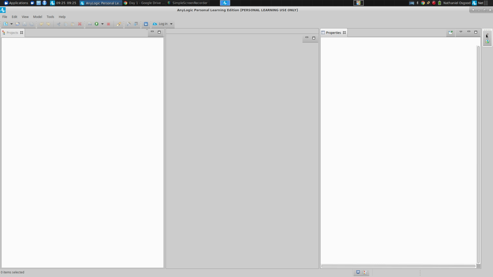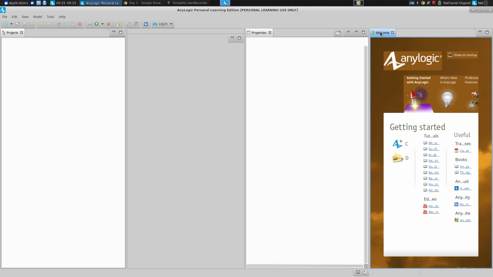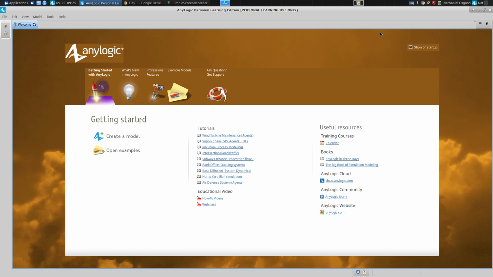When AnyLogic first comes up, it will come up in a variety of configurations. The one you're most likely to see would be something that looks like this. It shows some information about getting started, some tutorials which are recommended, and you can open some examples.